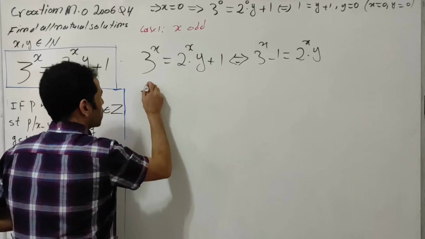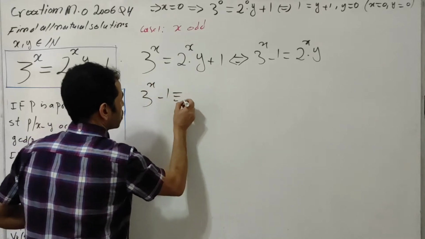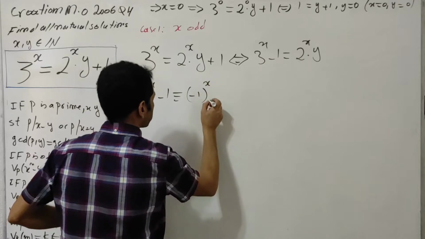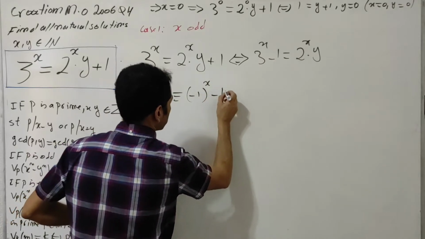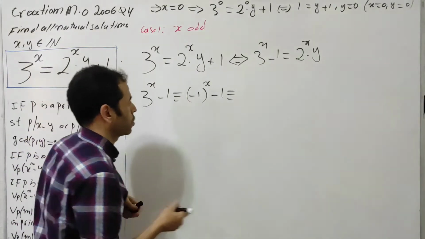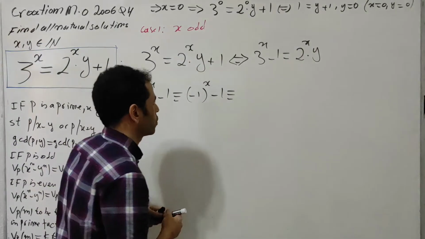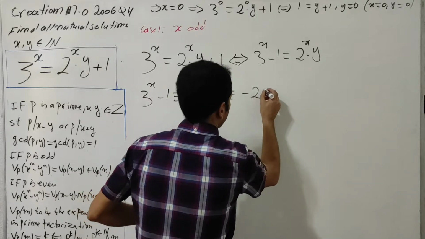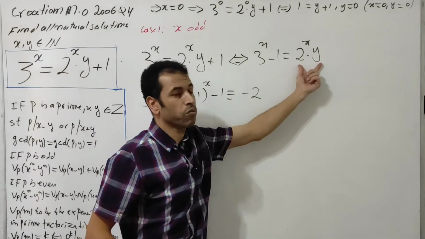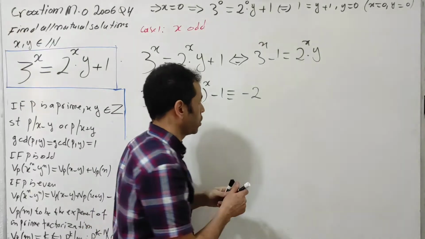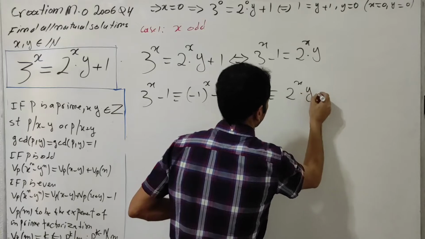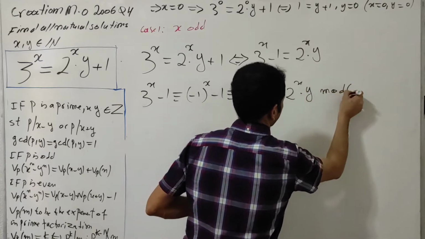So I have 3 to the x minus 1 is congruent to minus 1 to the x minus 1. As we know, x is odd, so this one is turned into minus 1. Minus 1 minus 1 is giving us minus 2, congruent mod 4. This term also is congruent to minus 2 mod 4 because we have equality. So minus 2 is congruent to 2 to the x multiplied by y mod 4.